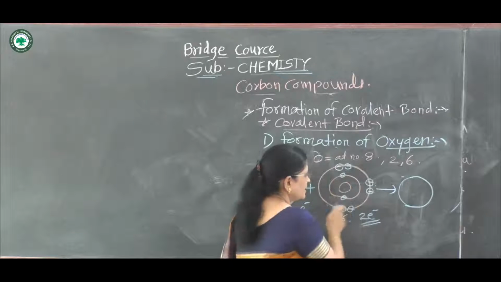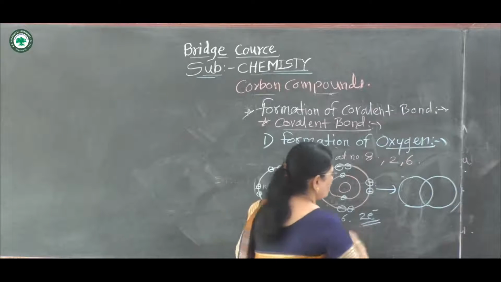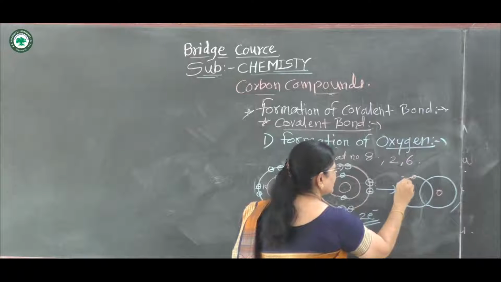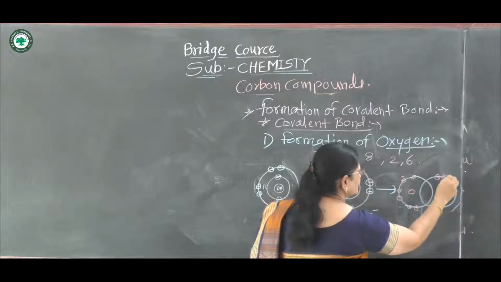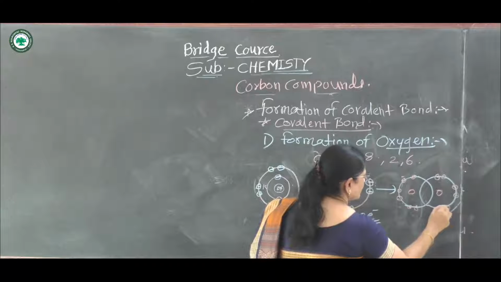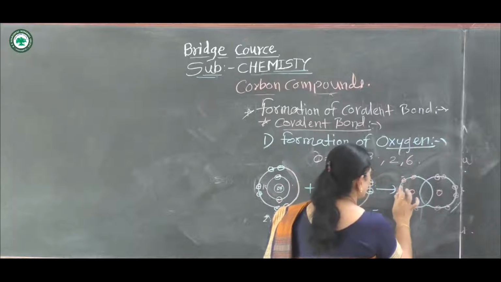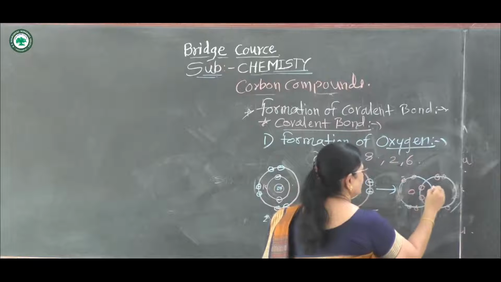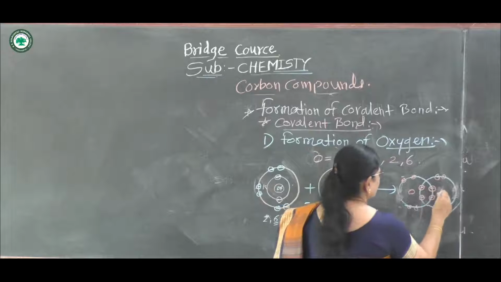It contains 6 electrons, and this is the outermost orbit of the second atom, which also contains 6 electrons. They share 2 electron pairs. Here 2 electron pairs get shared between the two atoms, and it forms an oxygen molecule.